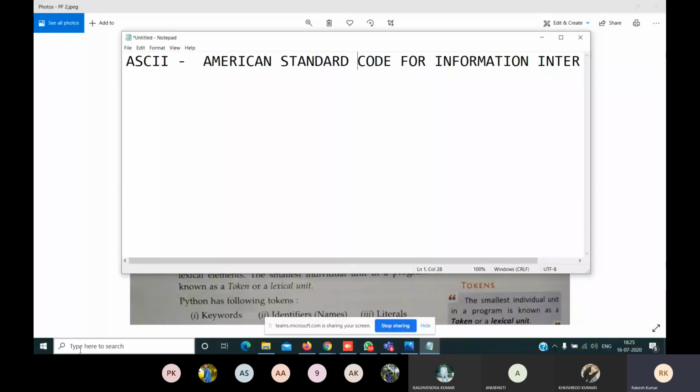But in today's scenario, you have seen so many applications in Hindi, in Sanskrit, in Urdu, and other languages. How is that possible?